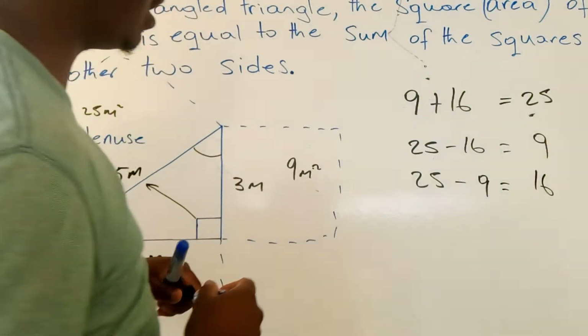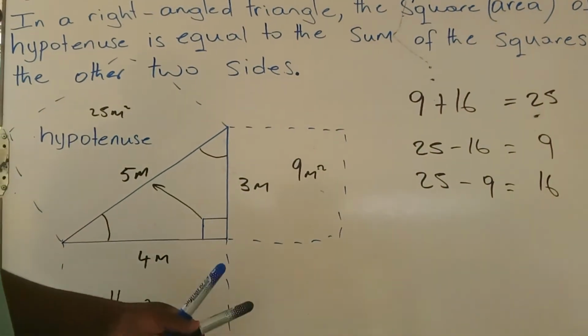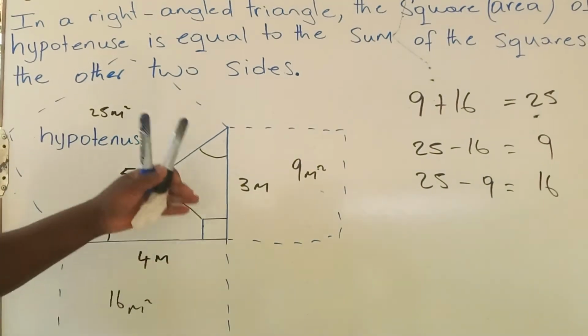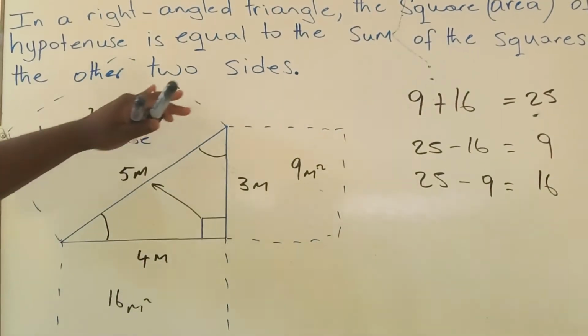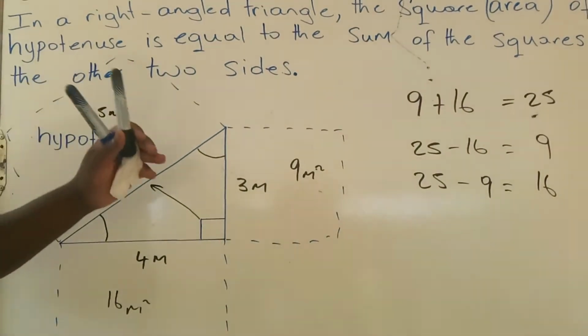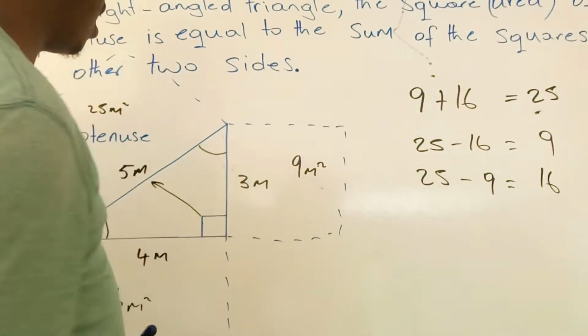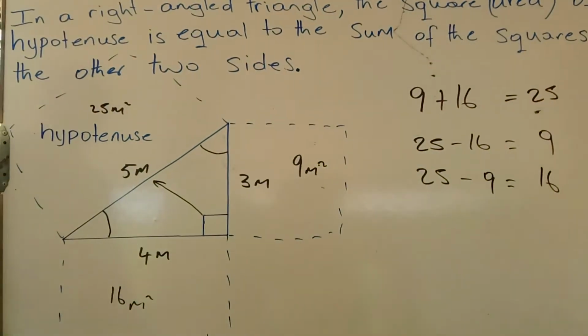Wow, this is beautiful. So now we realize that if we have a triangle and we create a square on each side and calculate the area, then we will notice that we start to have some relationships among the lengths of the sides.